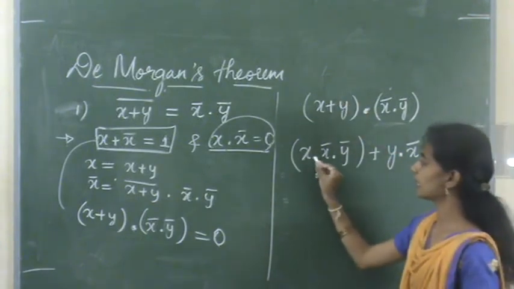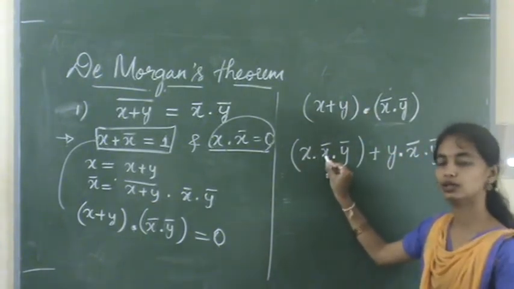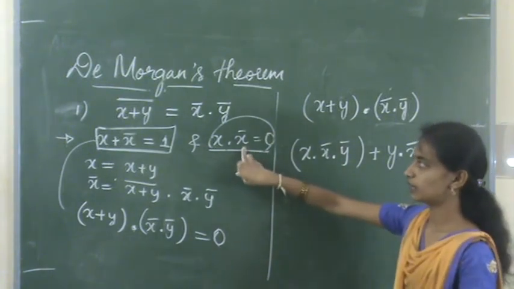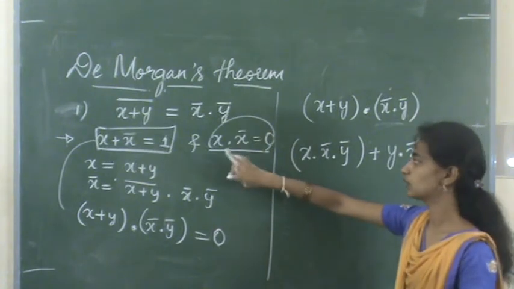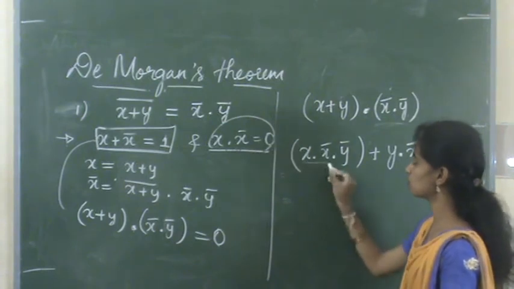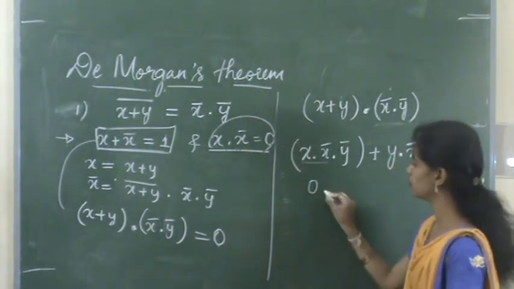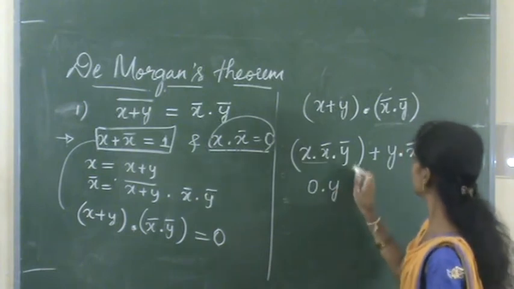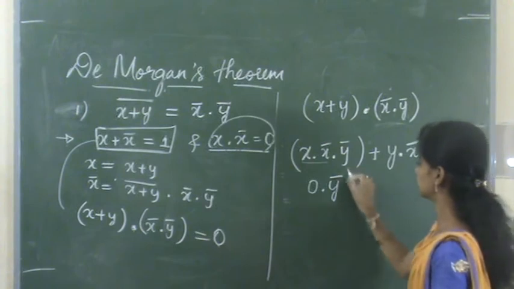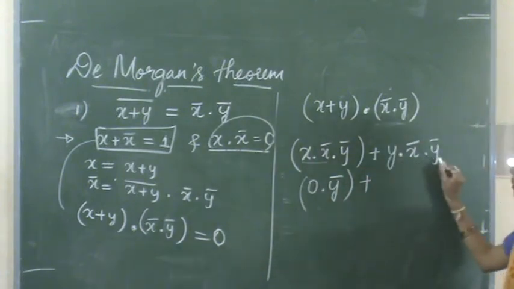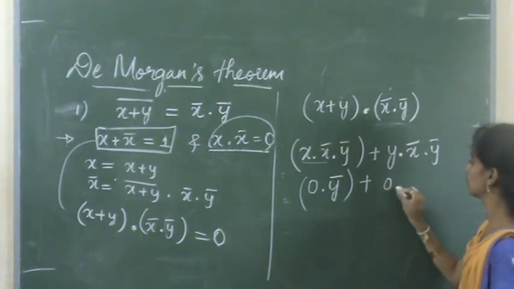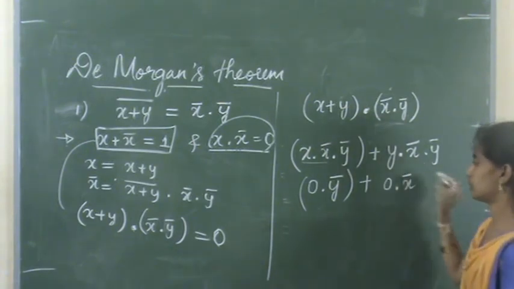Okay, so we know that x into x bar, according to complementative law, that is x into x bar is equal to 0. So this value becomes 0 into we have y bar, right? Plus here also y into y bar. So y into y bar becomes 0 into we have x bar, right?